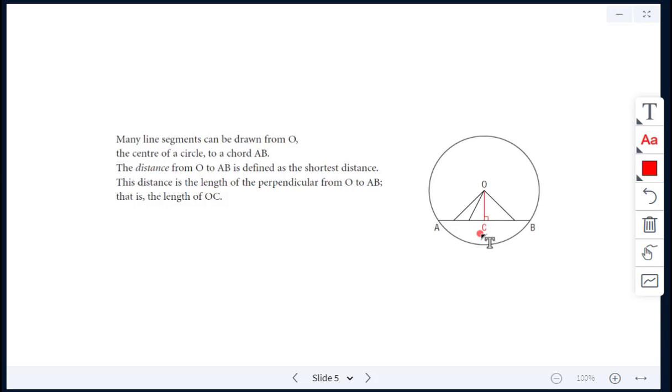When we look at drawing a line, it has to be the shortest distance, making this 90-degree angle. So anytime we're looking at the perpendicular bisector, it's the shortest distance. So OC would be that perpendicular bisector, which would cut AB into two equal parts.